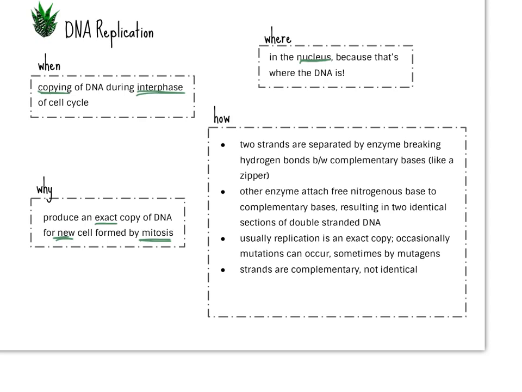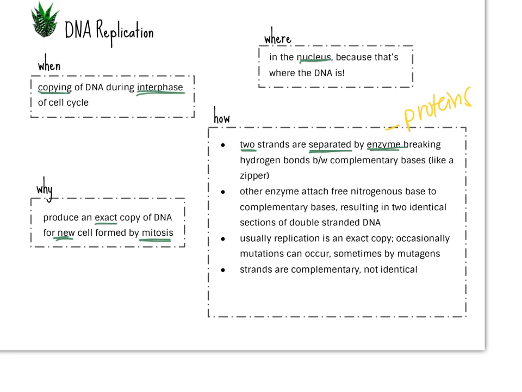So in the how, there are two strands of DNA, obviously, we know that. And those two strands get separated by an enzyme. And enzymes are what molecule of life? Proteins.